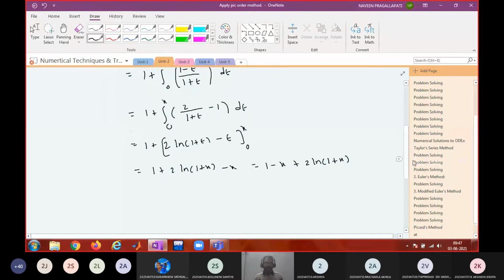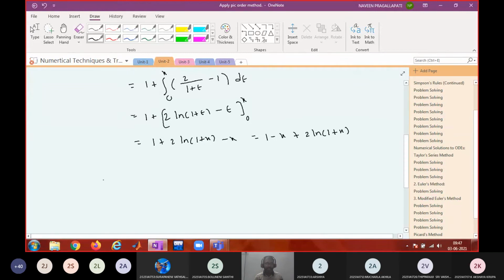Now see if you can find phi 2. Just try, if it is possible to integrate. Now phi 2 of x is equal to what? Y naught plus integral x naught to x of f of t comma phi 1 of t dt.